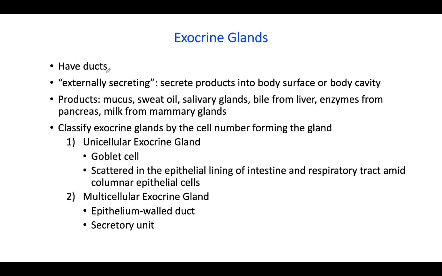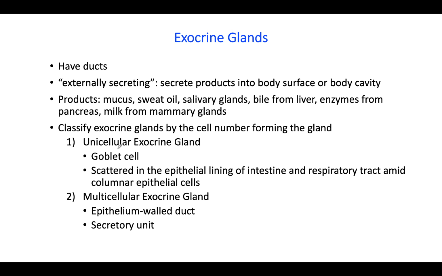What exocrine glands secrete are mucus, sweat, oil, saliva, or breast milk. Exocrine glands are classified by the number of cells forming the gland. So exocrine glands can be further subcategorized based on the number of cells forming the gland.